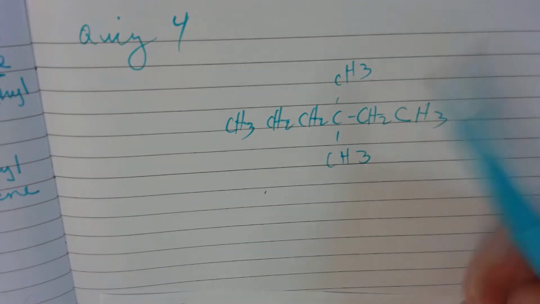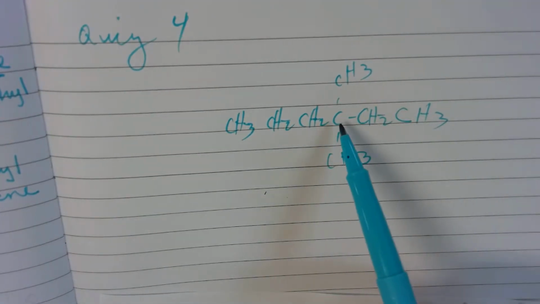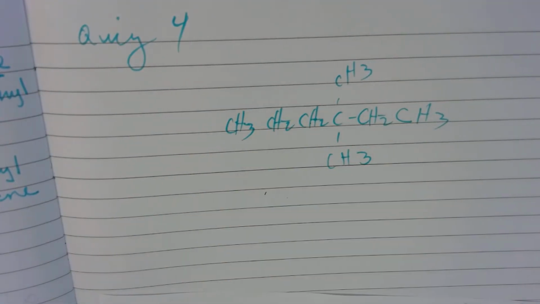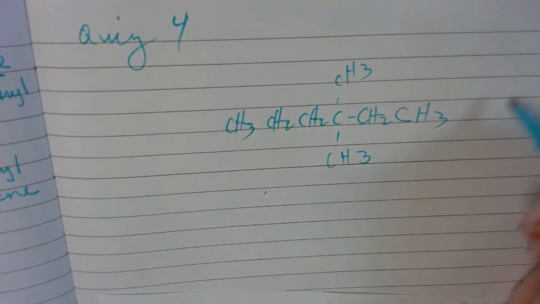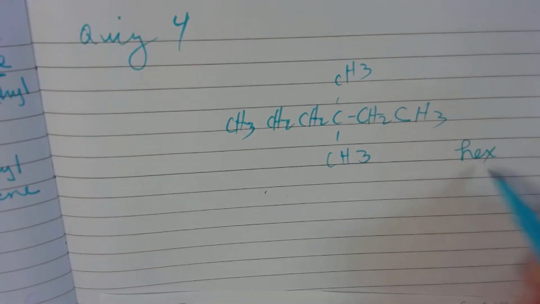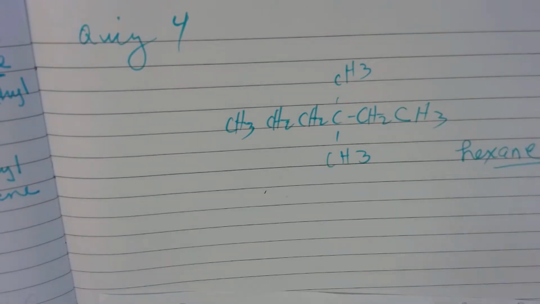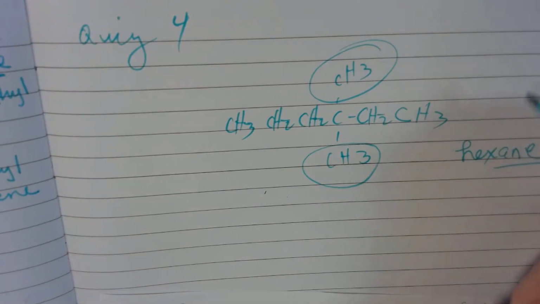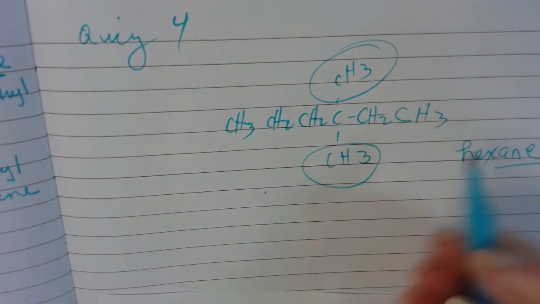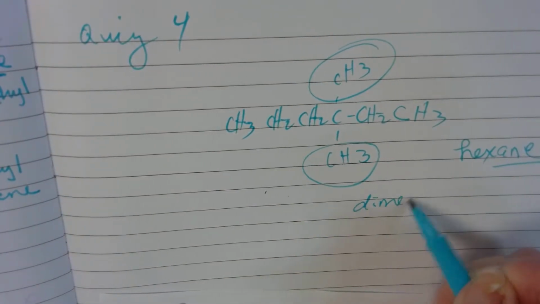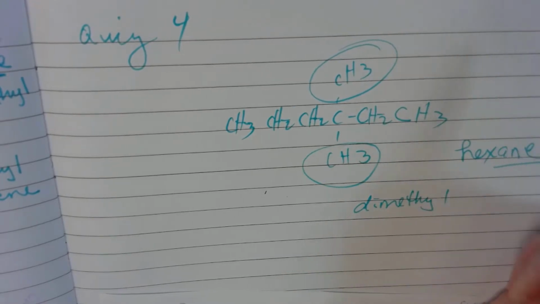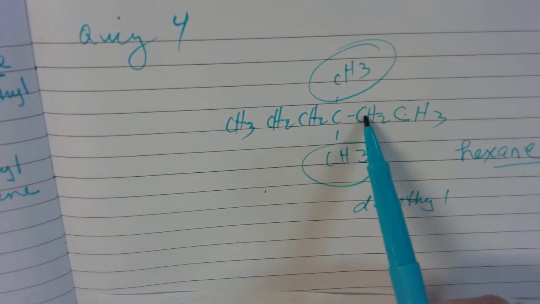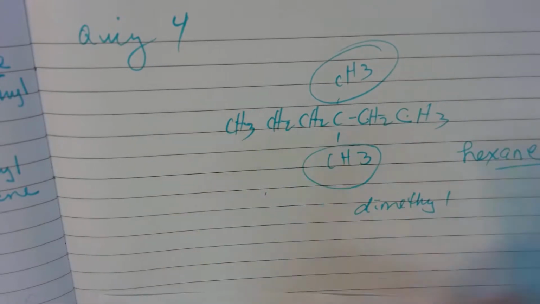Okay, your longest chain is going to be 1, 2, 3, 4, 5, 6. So we're going to get hex because it's 6, ane because it's all single bonds. We've got 2 methyls, so we're going to have to say dimethyl. And they occur no matter which way we go, 1, 2, 3, or 1, 2, 3.